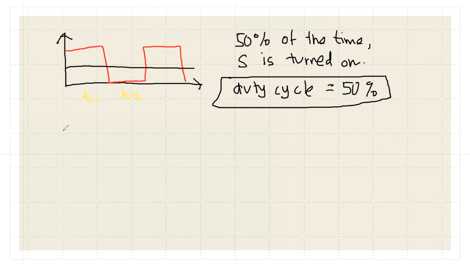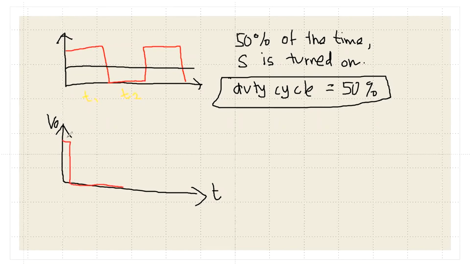So if I have another one, so this is V node, and using the same circuit, but I change the duration of the on and off of the switch. So this time the on time is very short compared to the off time.